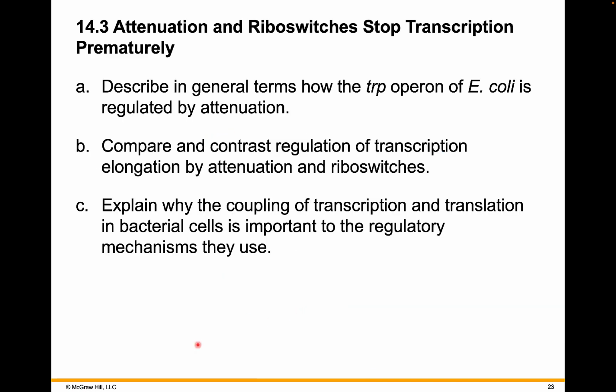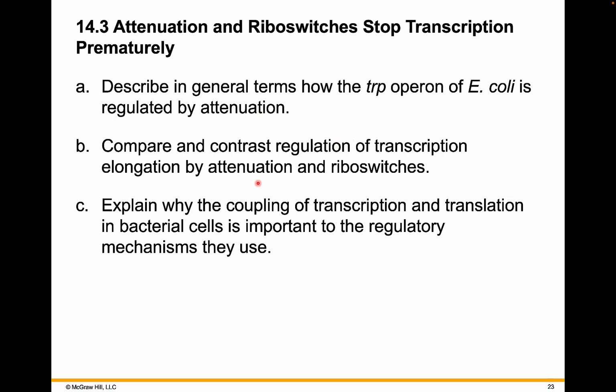So in 14.3, we are going to look at the attenuation and the riboswitches, which can also stop transcription prematurely. We already talked about the trp operon producing the tryptophan, and we already talked about the regulation of that. And here we are going to see that even that trp operon can be controlled after the transcription has been initiated.